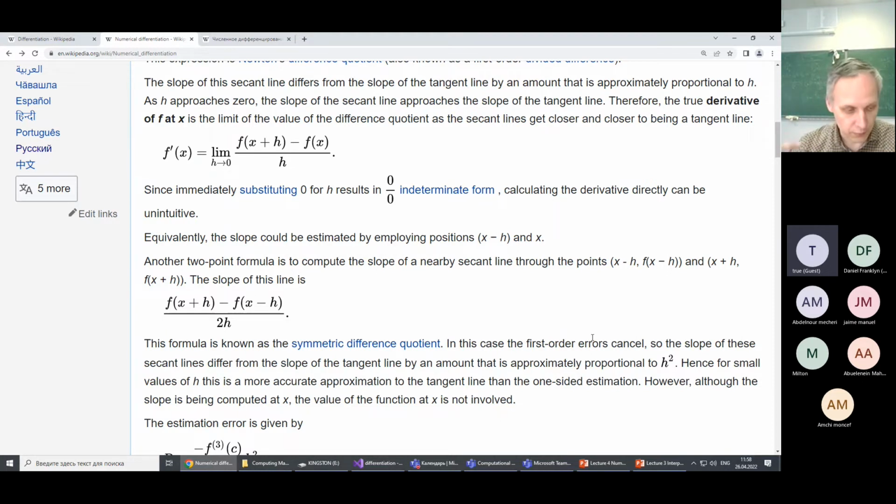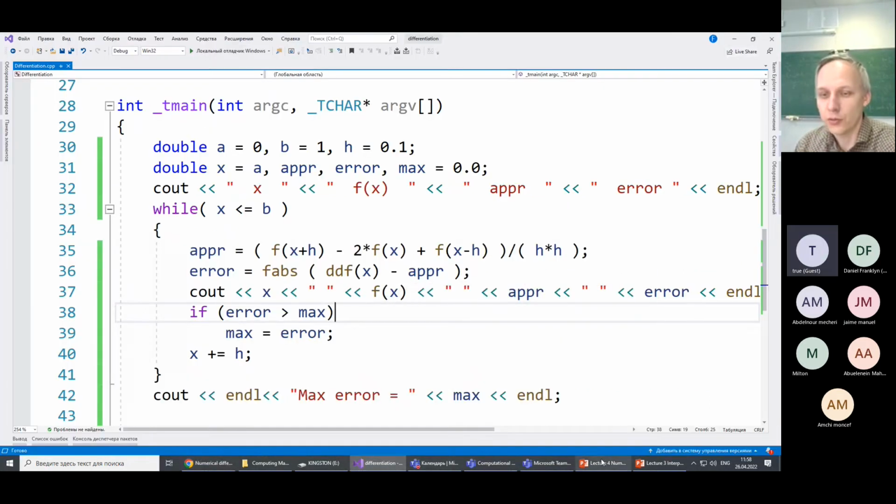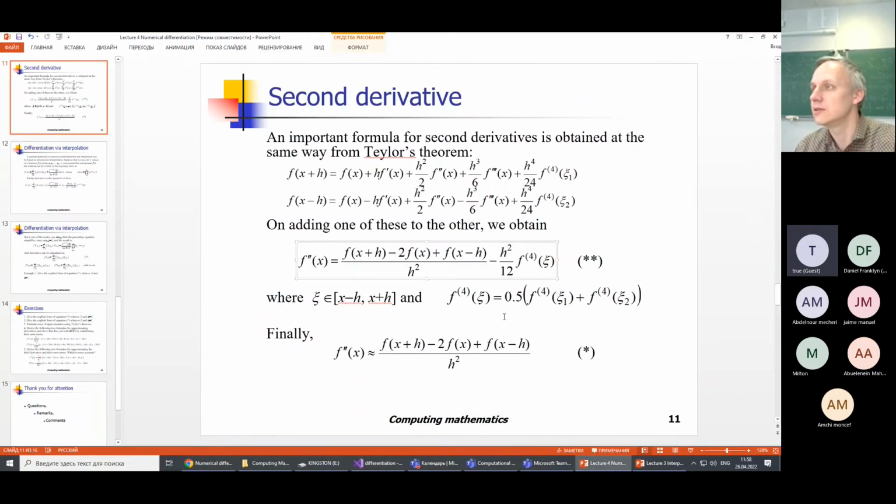But to start the next lesson, let's briefly consider what is integration. Do you remember how to find the exact value of an integral? Do you remember or no?